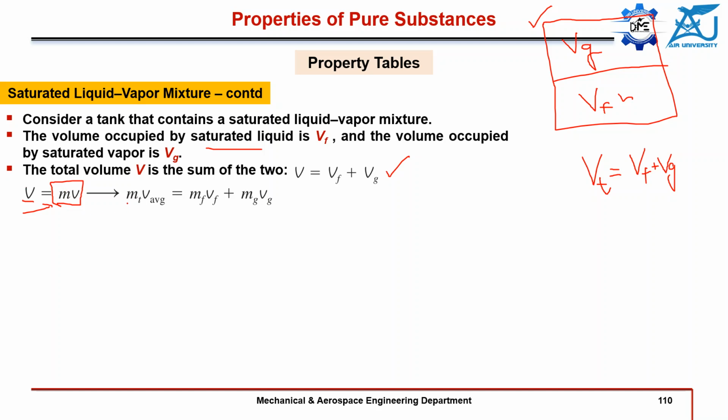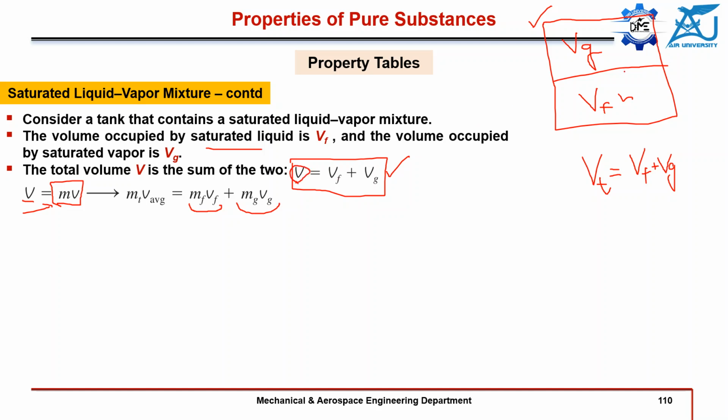Okay, so now how can we rewrite this equation? This is Vf, mf times small vf. Similarly, mg times small vg. So what about the total volume?